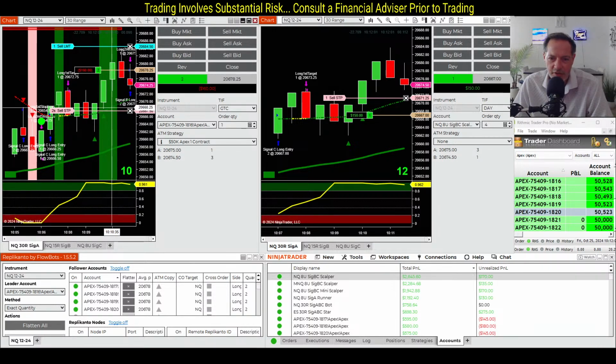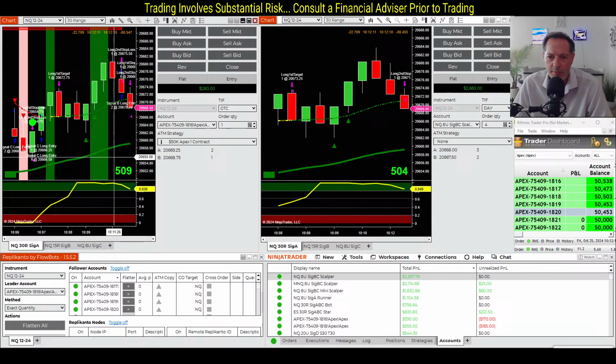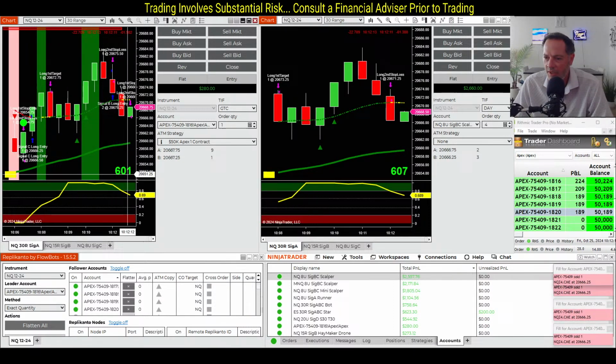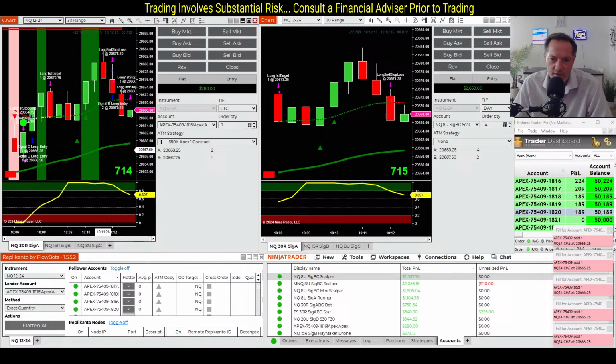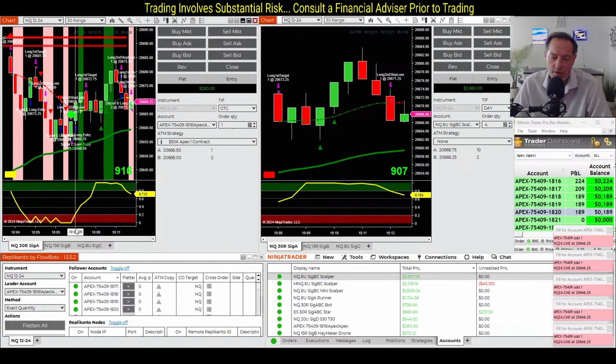This is called our 15 EMA, exponential moving average line. And then down here, we've got a 50 EMA. That one's the slower line. It's a 50 instead of 15, so it's a lot slower.